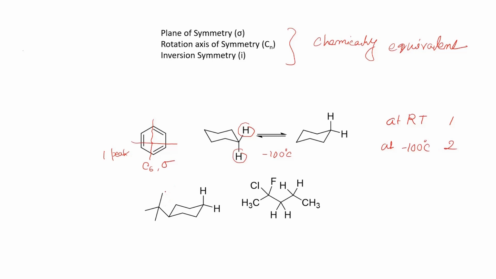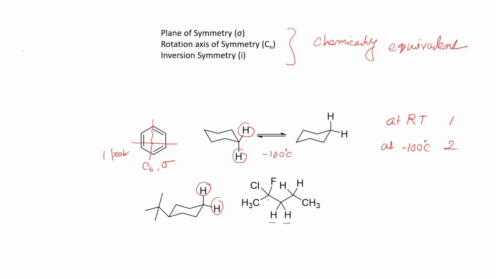But if we substitute one group like tertiary butyl, the tertiary butyl group cannot be stable in the axial position due to 1,3-diaxial interaction. That time we will observe that these two hydrogens show two different peaks. Another thing is that if there is any chiral center in the molecule, both CH2 groups will be diastereotopic in nature.